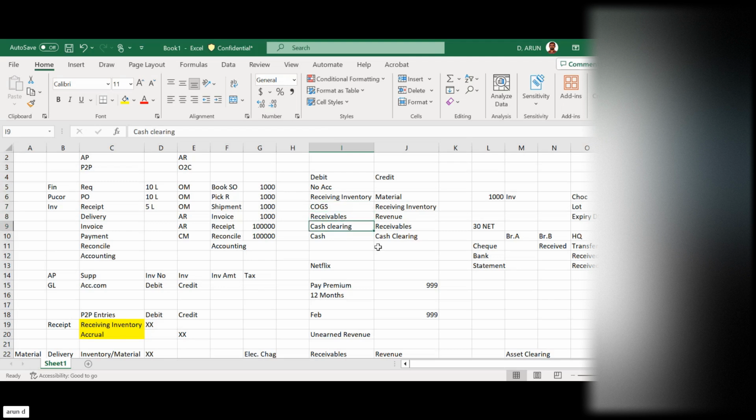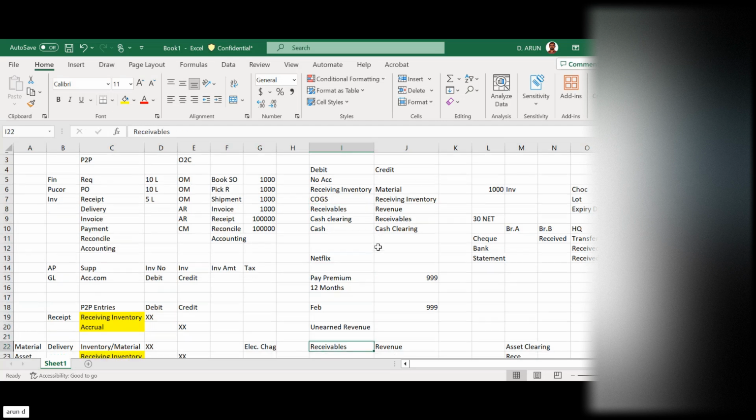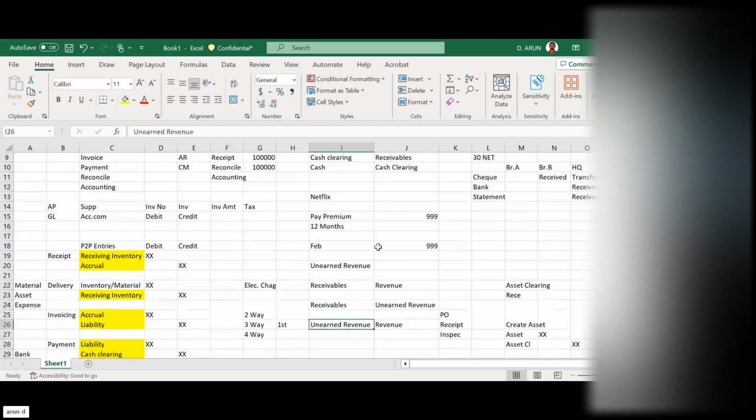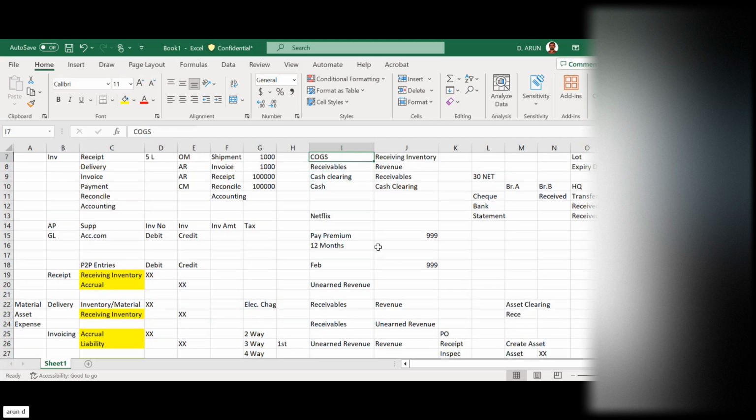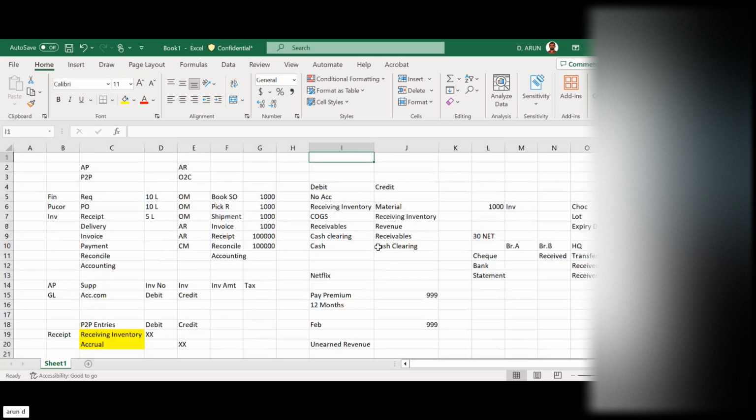Upon recognition, instead of booking costs directly in the system, we will have the deferred costs, and when we recognize it, you'll have the deferred costs on the debit and costs on the credit. This is how the flow of accounting for the O2C module will look like.